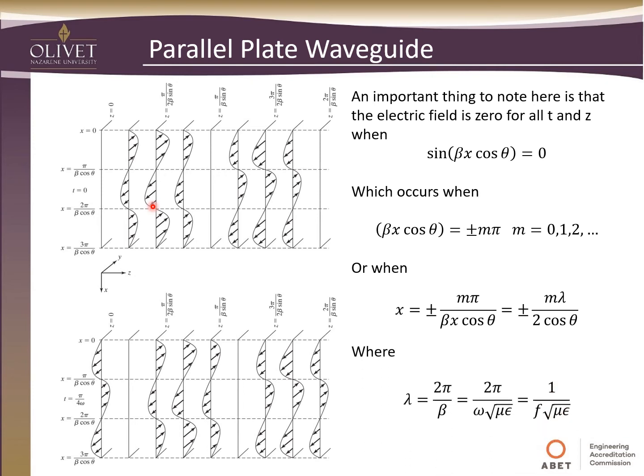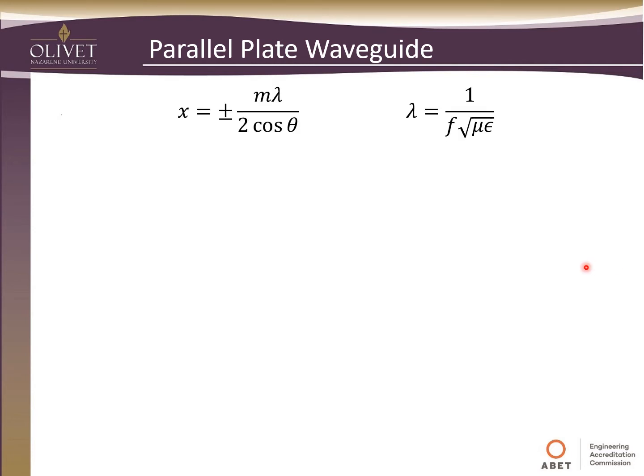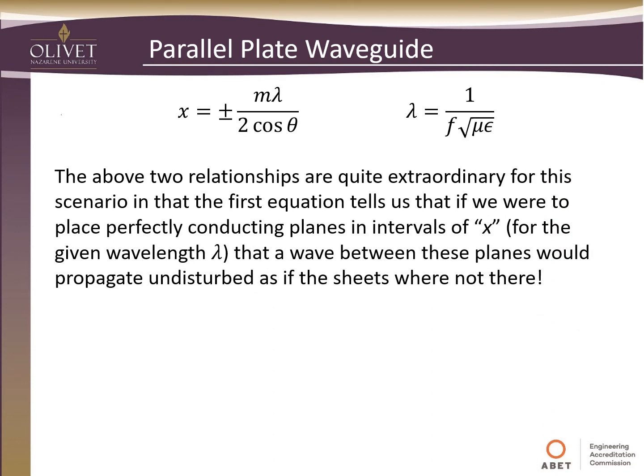And again, this is where our wavelength is defined as 2 pi over the phase constant, or 1 over the frequency times the square root of the permeability and the permittivity. So this is pretty interesting then.